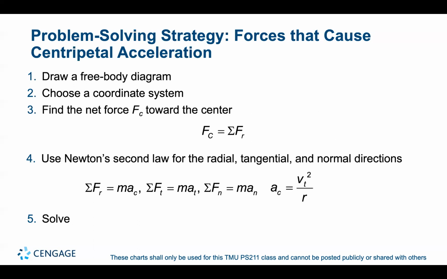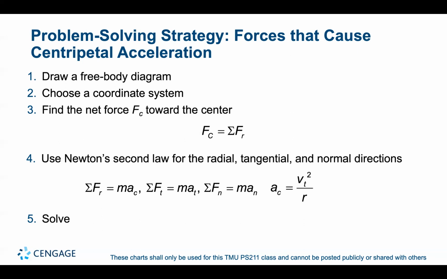Here is a problem-solving strategy for forces that cause centripetal acceleration. As usual, number one, you start with a diagram of the objects under consideration, labeling all forces that act on them. Number two, you choose a coordinate system that has one axis perpendicular to the circular path followed by the object, which is the radial direction, and one axis tangential to the circular path, which is the tangential or angular direction.